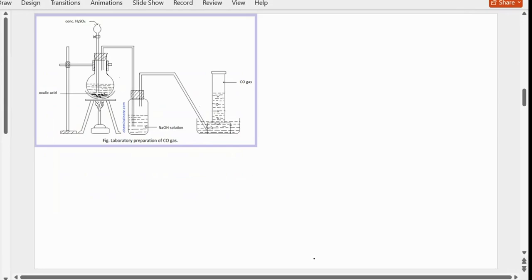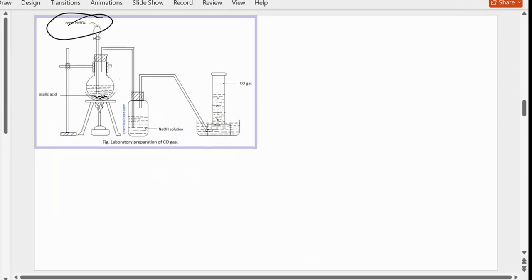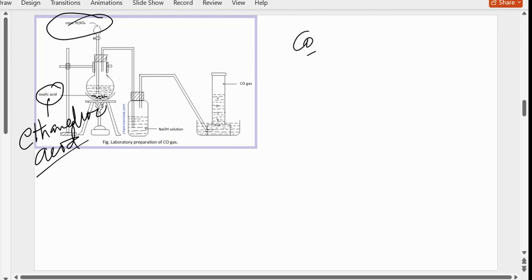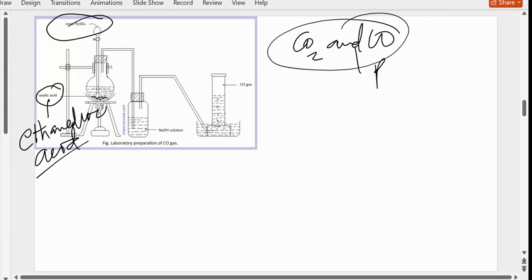So if you can see, we have concentrated sulfuric acid from above, then this is our oxalic acid, which is also ethanedioic acid. So at this point, we'll have CO2 and CO, these two produced.